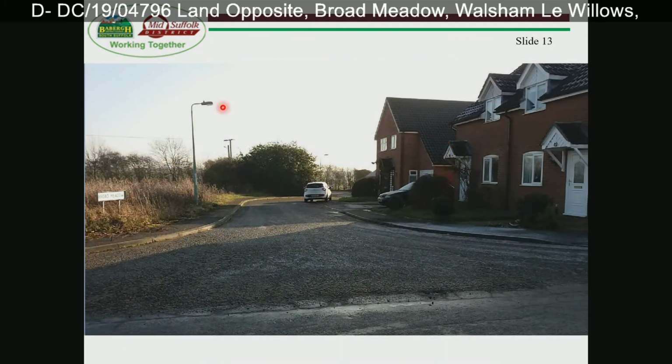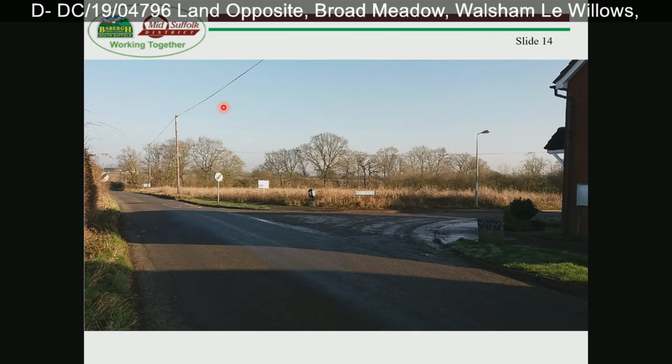And onto some photographs. That is the existing adjacent housing estate at Broadmeadow, looking there towards the north. And this is, in the distance here, the existing tree line, which we're looking to protect, and that will extend away out into the countryside off the page there to the right.